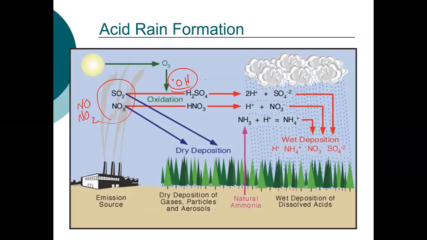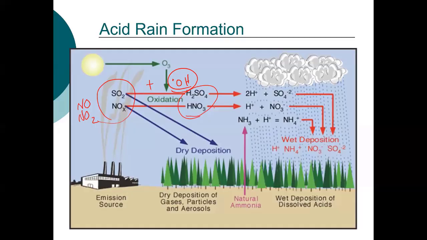OH radicals are produced from a variety of reactions, and those are present in rainfall. They're in water in clouds, water in the atmosphere, fog. They react with the SO2 and the NO2 to produce sulfuric acid and nitric acid.